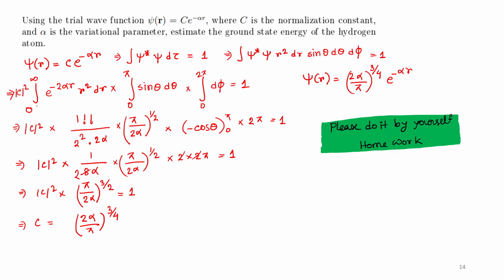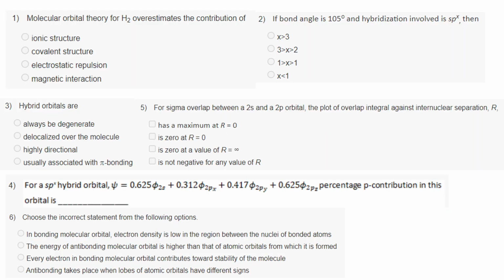So let me actually go to the next set of questions we have. Actually, we have assignment 11. Let us solve that. The first question states that the molecular orbital theory for H2 hydrogen actually overestimates the contribution of the ionic structure.